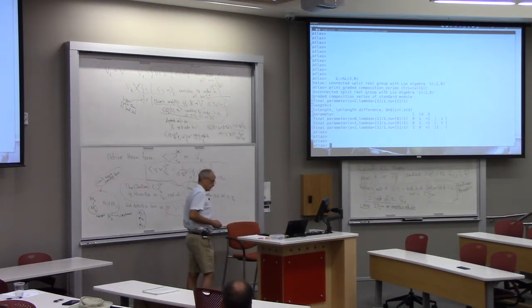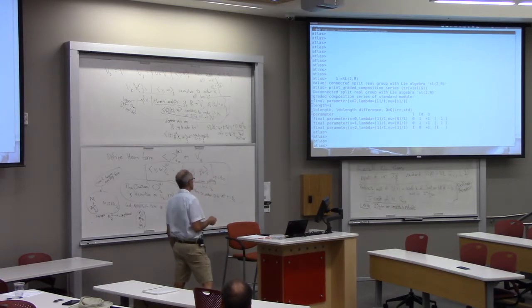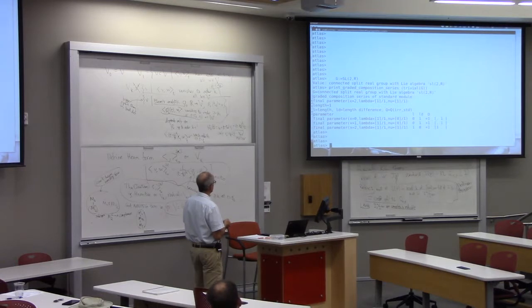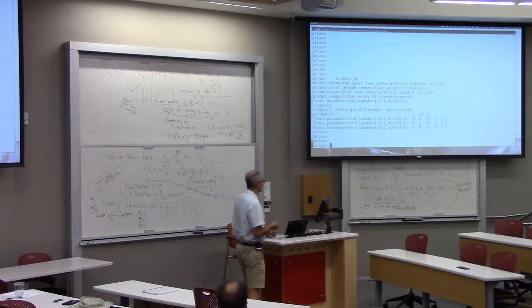So this is the Jantzen filtration. So G is SL2R. It's giving you the composition series of this standard module. And we already know that this standard module has 3 composition factors, the principal series and 2 discrete series. And this is a little bit of extra information about how they fit together.